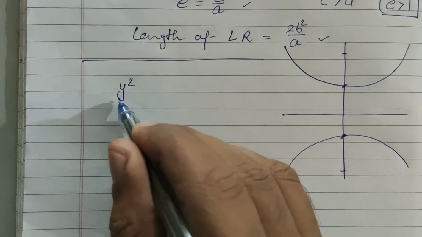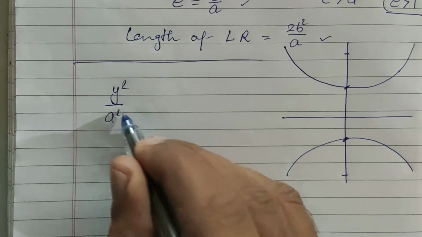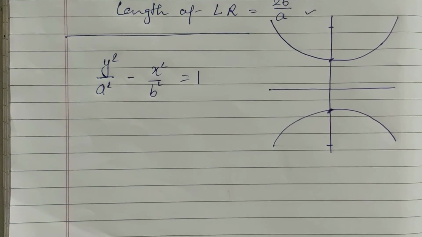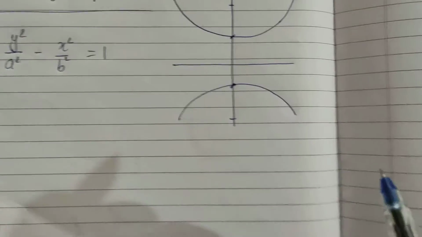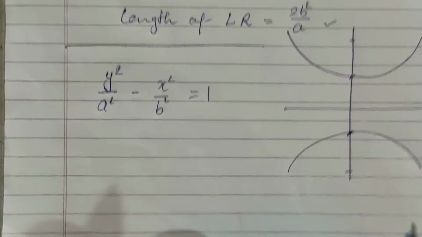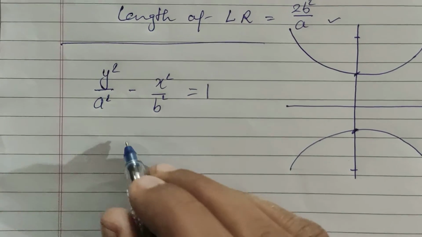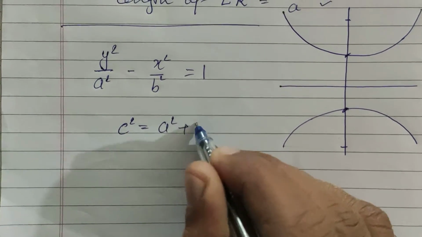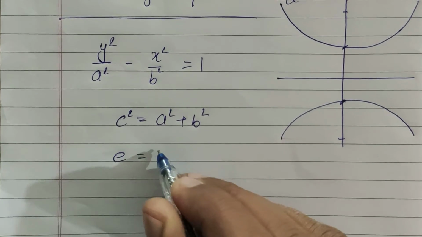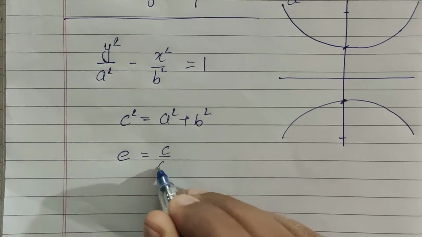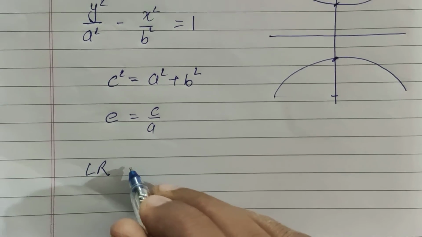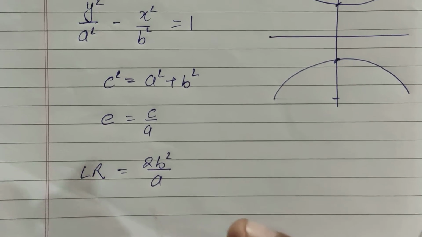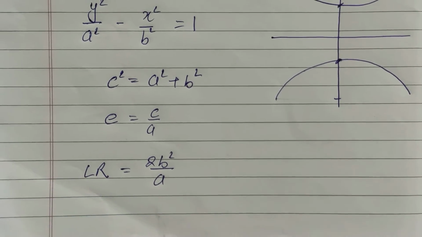It will be y square upon a square minus x square upon b square equals 1. But the relationship between a, b and c remains the same, that is c square equals a square plus b square. Eccentricity is the same, c upon a. The length of the latus rectum is the same, 2b square upon a. So all these things will be the same.